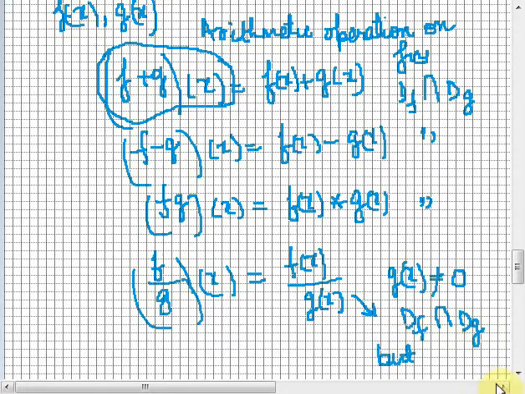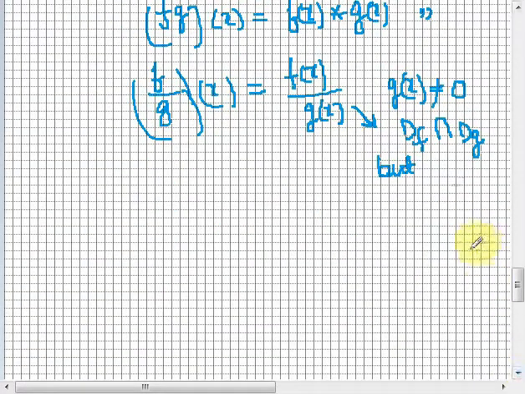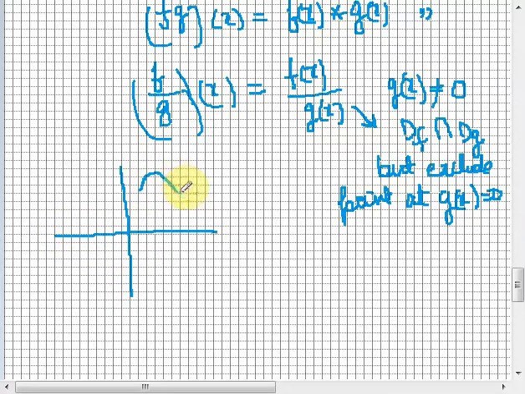exclude the point at g(x) is equal to 0. Suppose this is our function f. This is our function g. The intersection of these domains is this one.